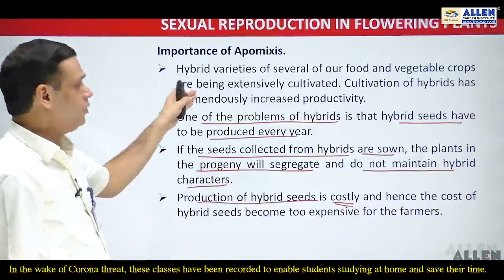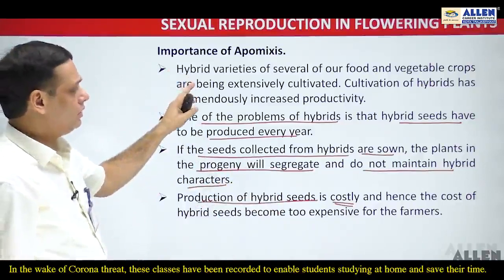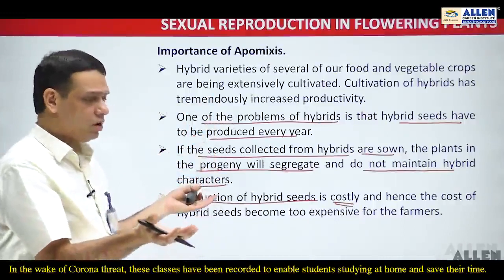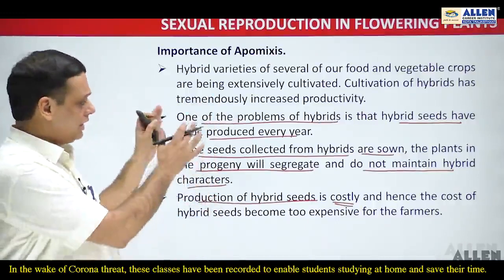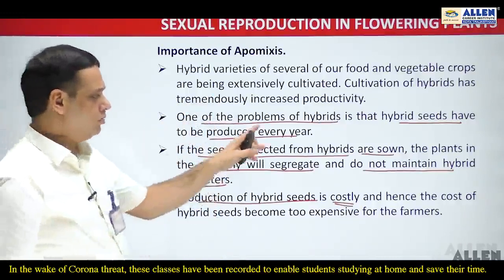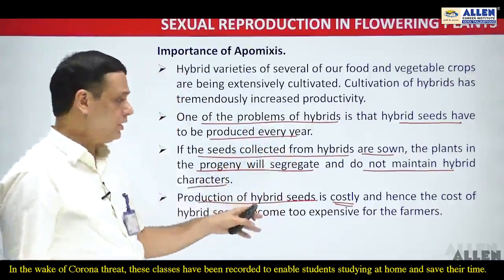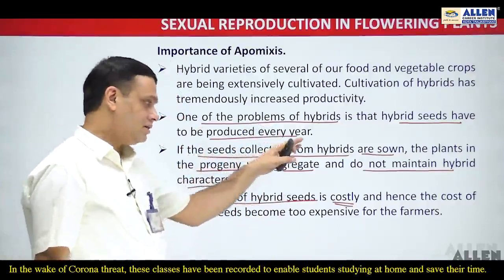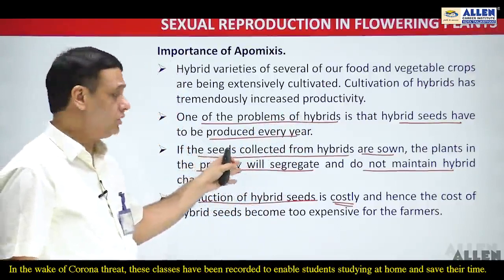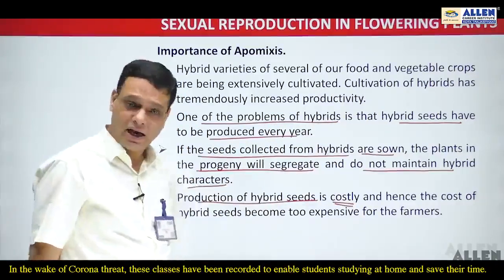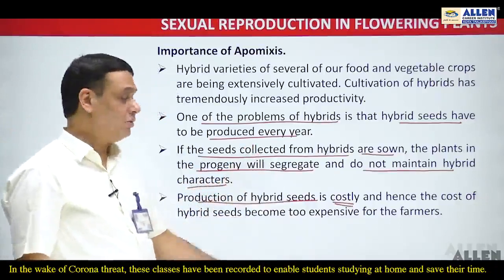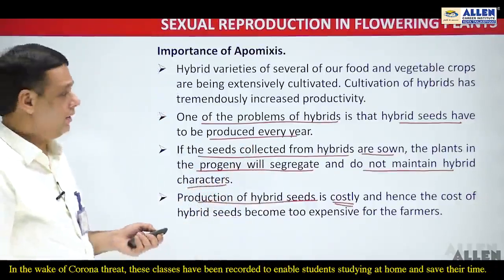So hybrid varieties, when developed from simple seeds, not from apomictic seeds, have certain drawbacks. First, they have to be produced every year. Second, the progenies will segregate and do not maintain the hybrid vigor and characters. And third, such hybrid seeds are costly.